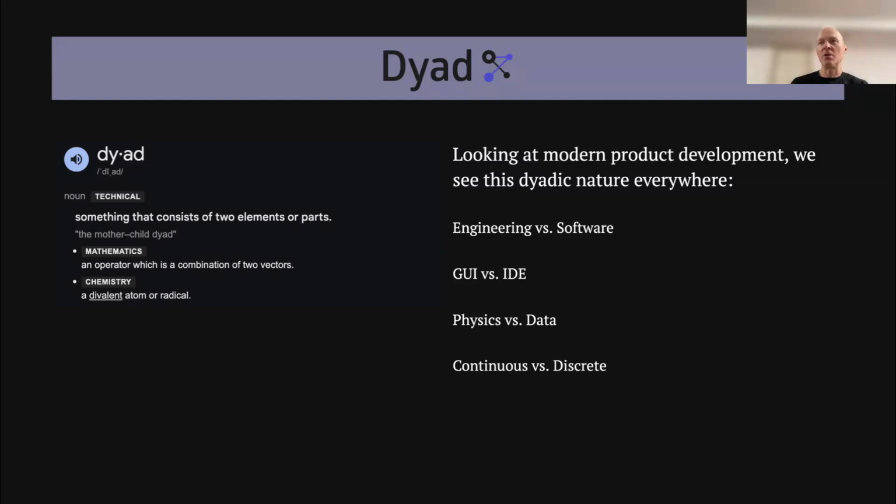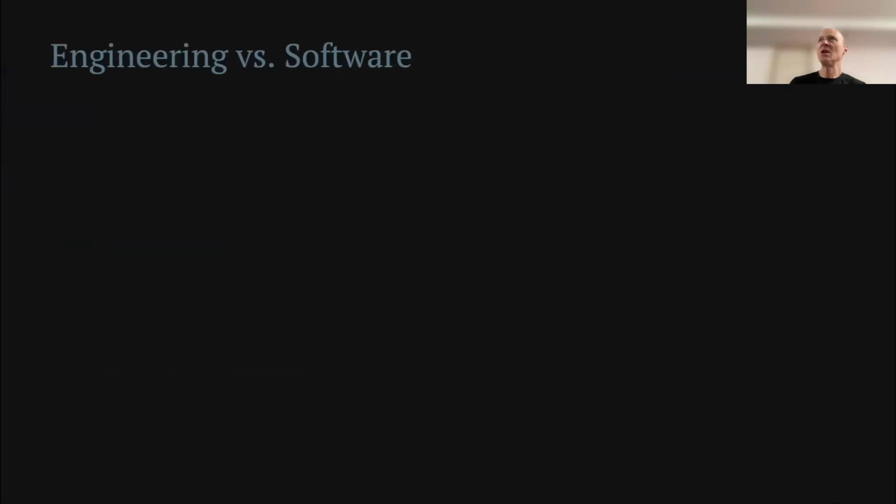If you want to capture behaviors of things like state machines and so on, and then implement them in code, you have to have a representation that's inherently discrete. And how do we balance those? We want to have physics and continuous behavior, but we want to be able to represent it also in the context of state machines and embedded systems, and be able to target embedded systems. And how do we balance those things as well? So those are just some examples of where we just kept running into this idea that we have to find a balance between two things.